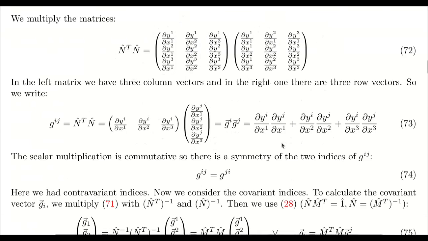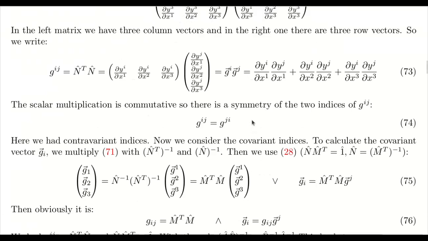The scalar multiplication is commutative, and that means that there is a symmetry in the indices. That means the matrix Gij is equal to Gji.